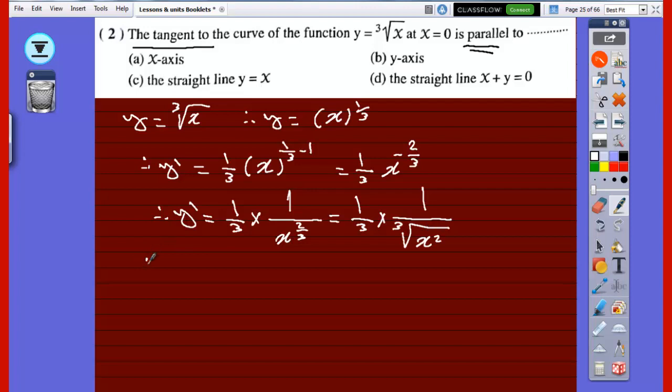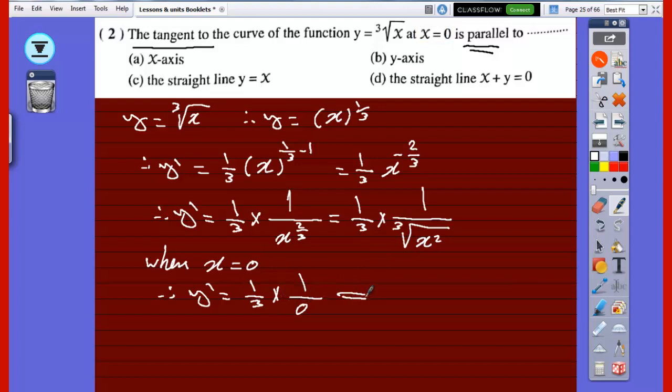When x equals 0, we have y dash equals 1 over 3 multiplied by 1 over, substituting x equals 0, 0 squared equals 0, and its cubic root equals 0. It's undefined.